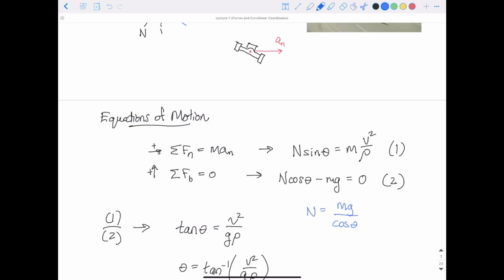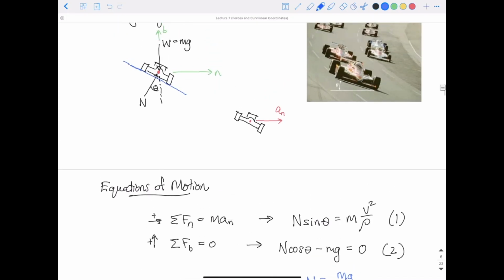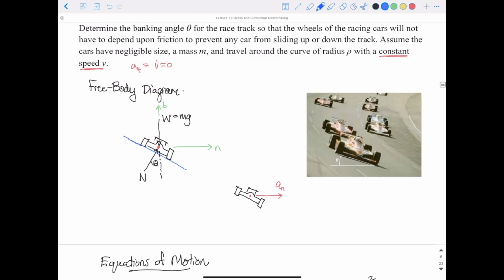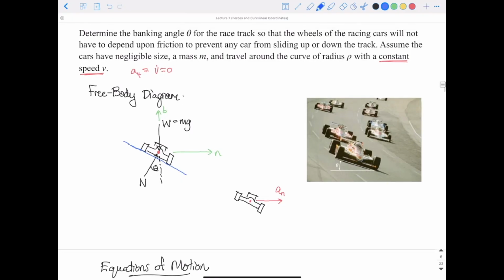Okay, so it's different. For example, if we just had no curvilinear motion and we just had a slanted plane, if we do have a normal force that's reacting against it, then that's the same as mg cos theta. But for this one, it's not the same because it's curved. It's different because we have a normal acceleration in this direction here.